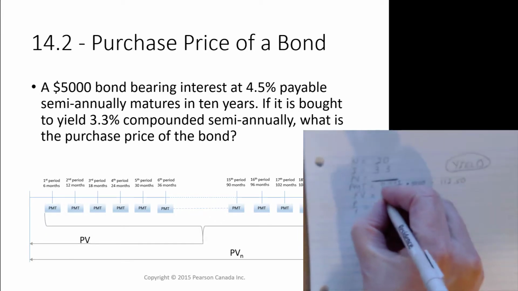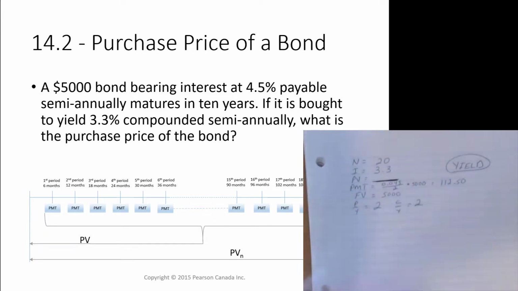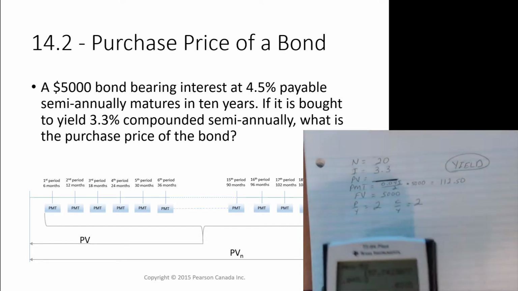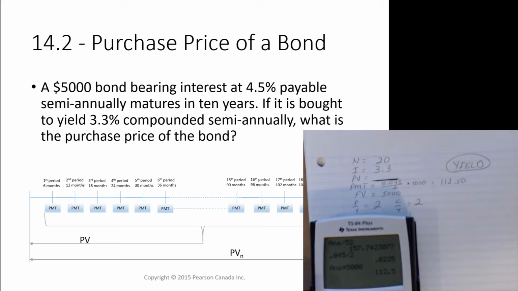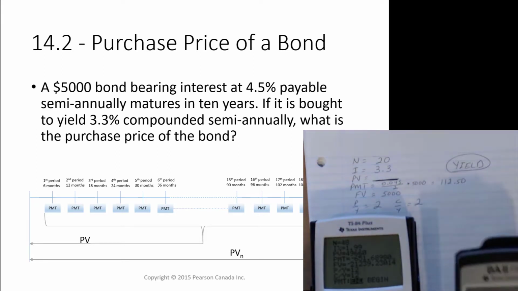The face value is $5,000. Positive payment, positive face value. After that, we just run through and calculate it just like we did before. I'll do a quick refresh so we're up to speed. We're still working finance, still working the TVM solver, and we still have our situation with the BA2 Plus.